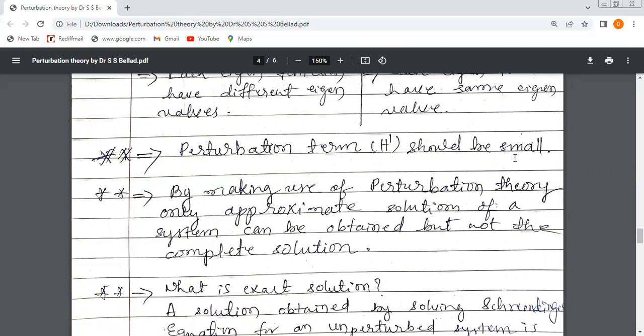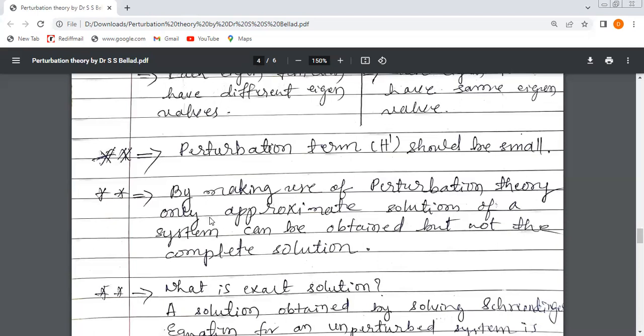If there is a drastic change in the values from the Schrodinger equation results, then you cannot apply the perturbation theory. Therefore, this perturbation term H dash should be small enough, then only we can apply the perturbation theory.